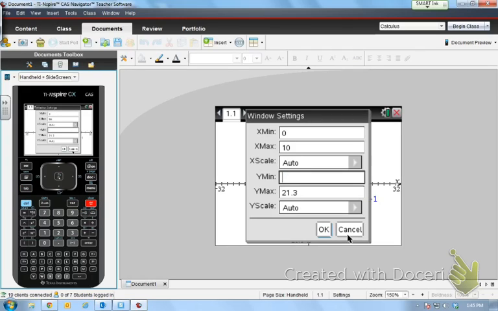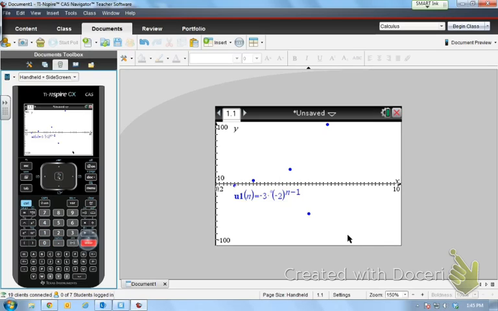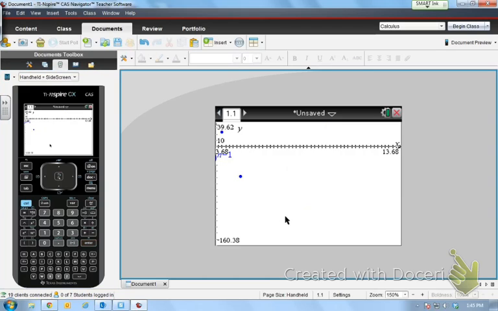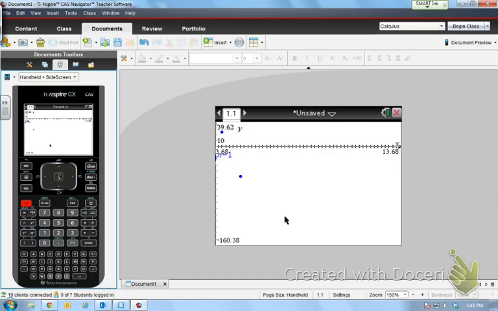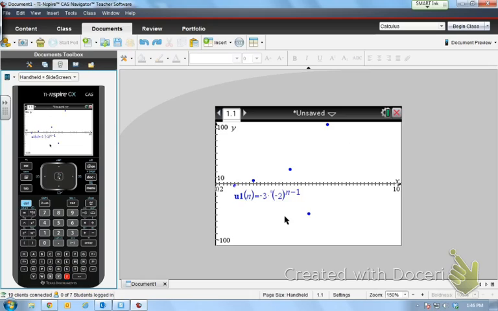So let's do -100, sorry, min, and max 100. So now we get a better picture. I think I can hit Control Z. I just wanted to get the label out of the way. Okay. Thank goodness for the undo button.